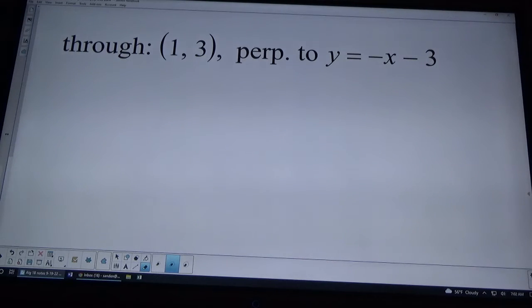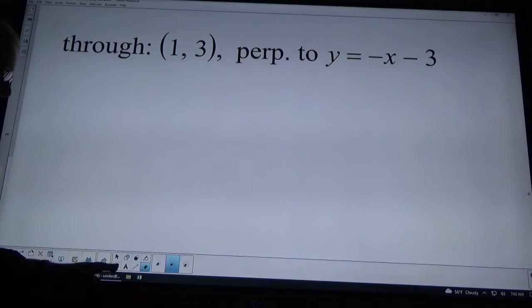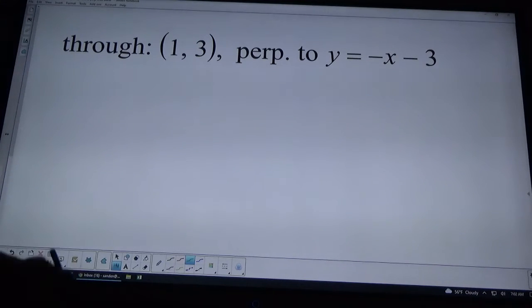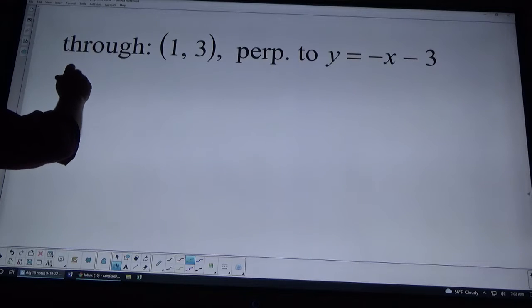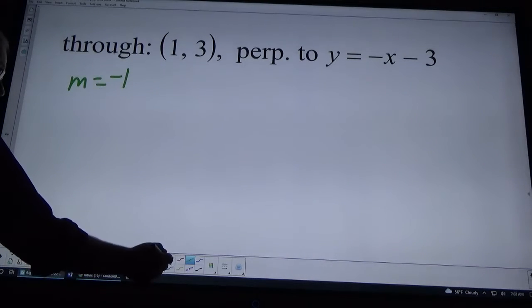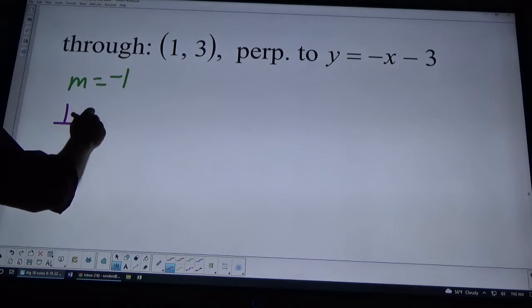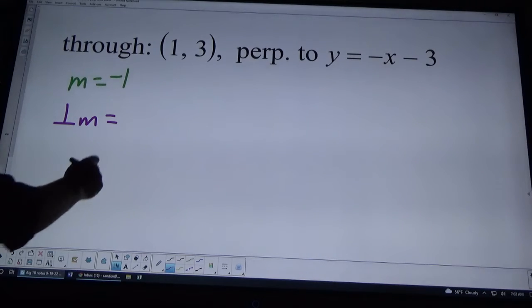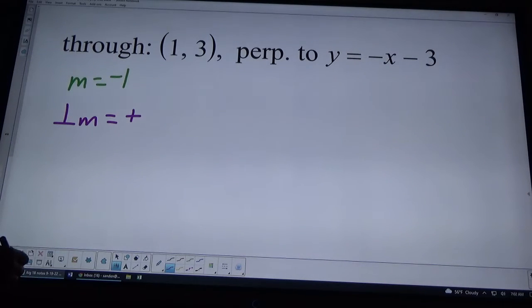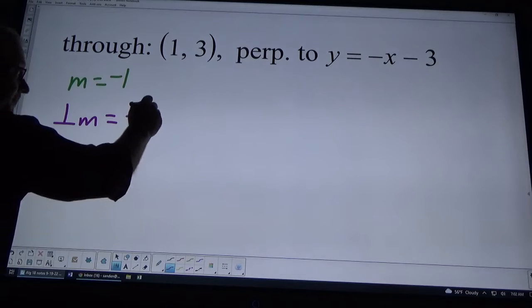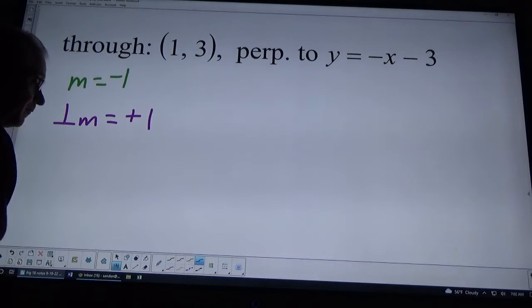All right, you give this one a try, and then I'll do it out. Here we go. Let's see, slope is negative 1. Perpendicular slope is going to be opposite sign, reciprocal. Well, 1 over 1 is still 1, right? So there you go.